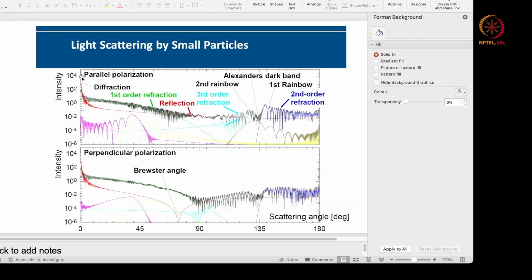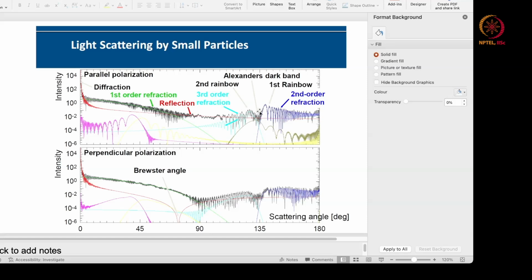This is diffraction, and then this is first order refraction. This is reflection. This one in a bluish color is third order refraction, and this is second order refraction. And it's a mess.